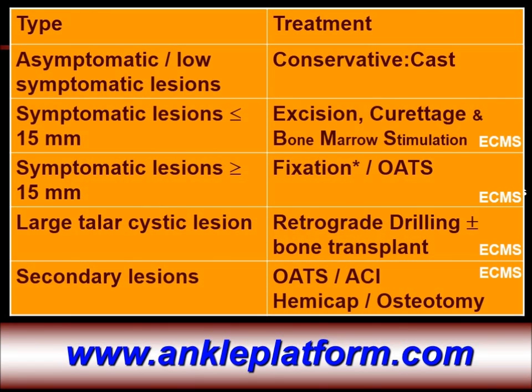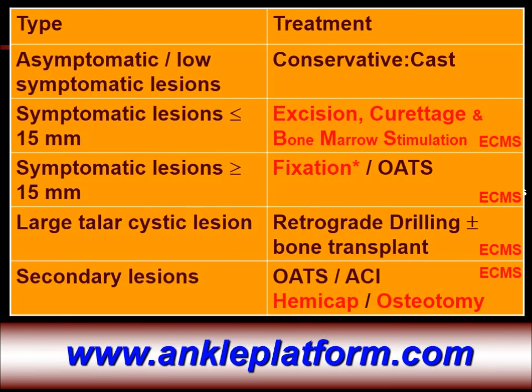The percentage of good, excellent results goes down, but you can always consider it. Large cystic lesions, retrograde drilling, again, consider the excision, curettage, bone marrow stimulation, and only for secondary lesions, I will go for an OATS, for a Goldner-side graft, a hemicap, or an osteotomy. I showed you several techniques.